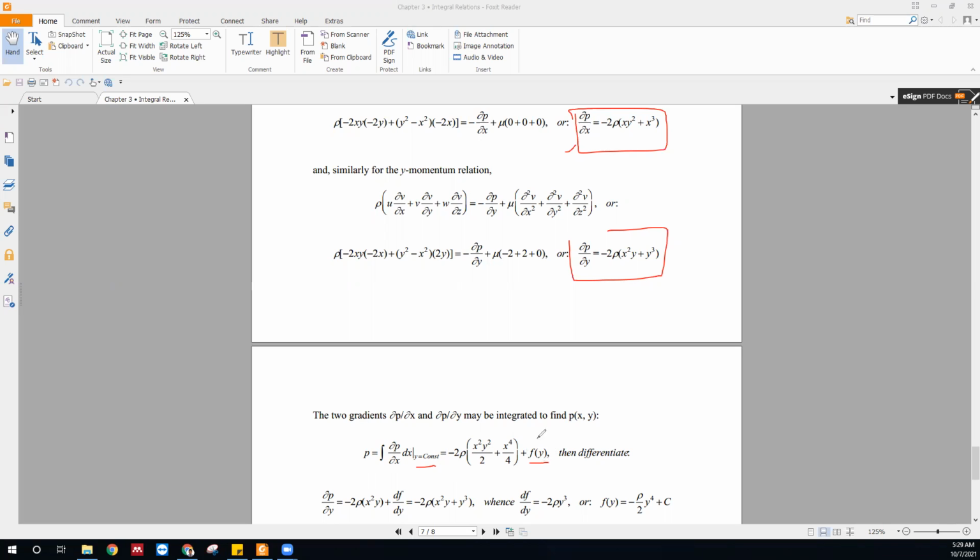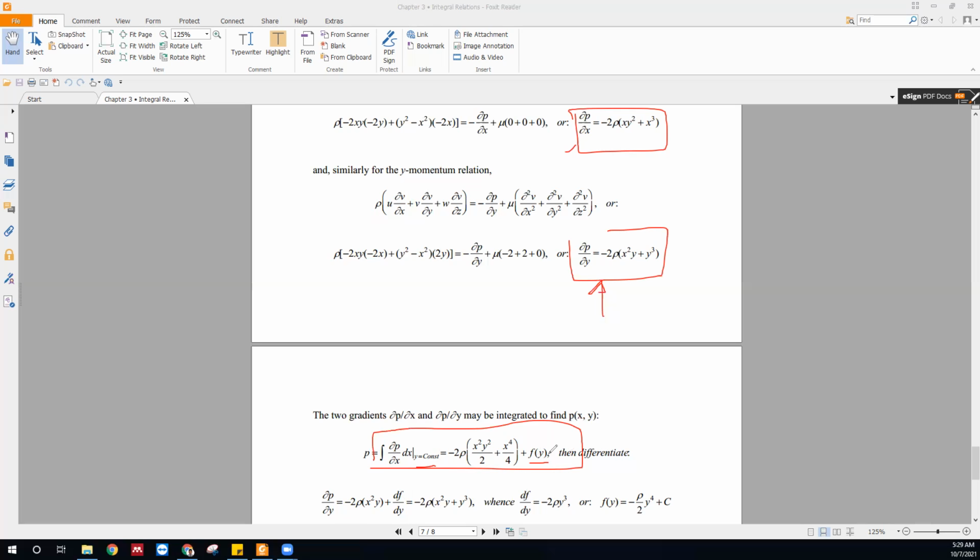Now we need to find this value of f of y. How? We can take the derivative of this equation, p equals this, with respect to y. That will be the same as this equation. So you take the derivative and we get delta p by delta y equals -2 rho multiplied by x squared y plus, if you take the derivative of f of y, you get df by dy.